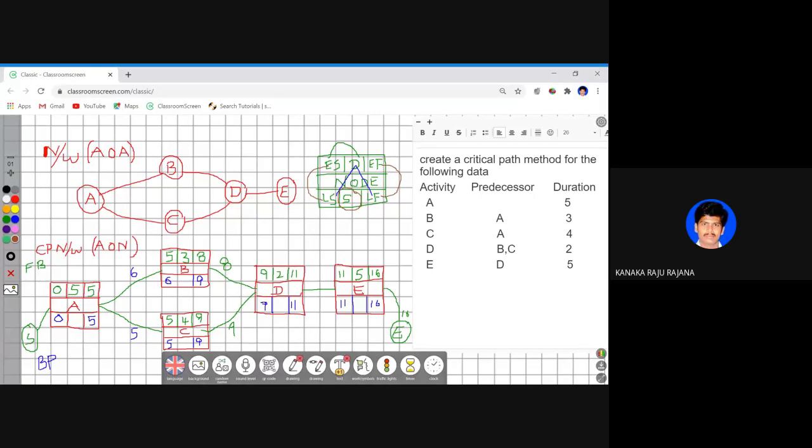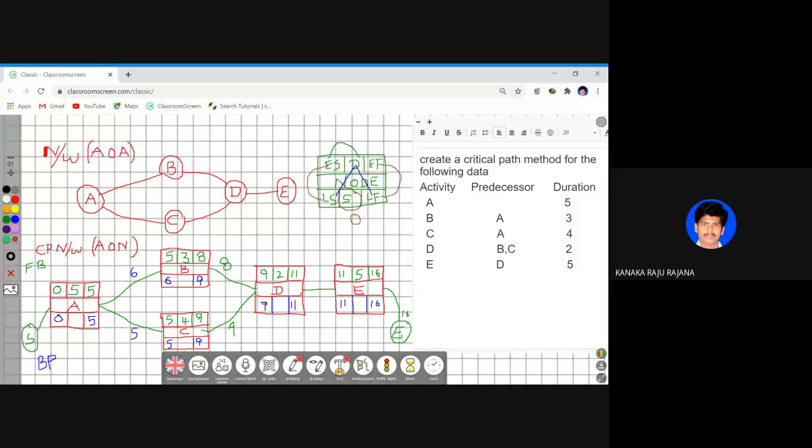Okay. Now, if your slack is achieved as 0, that node is an active node participating in the critical path. That is the point which you need to remember. If the slack value is 0, it is participating in the critical path of the entire project. Now we shall see the slack of each activity one by one.